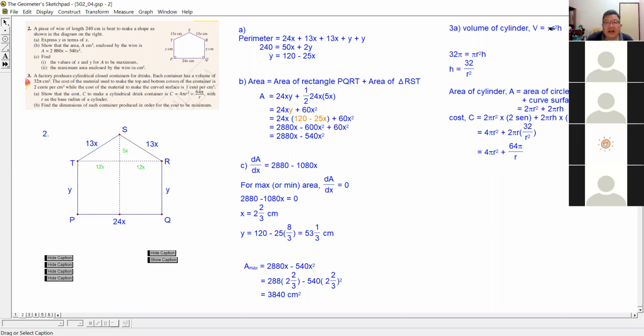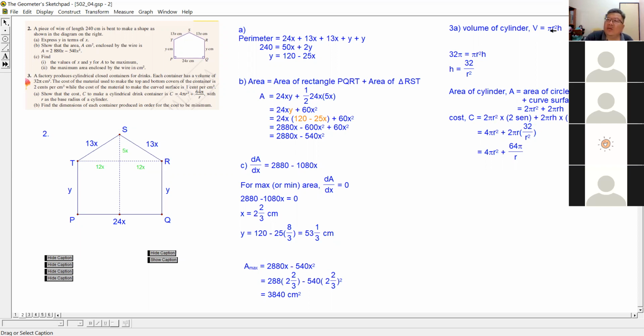So inside this formula or the formula for area, you have to eliminate either r or h.